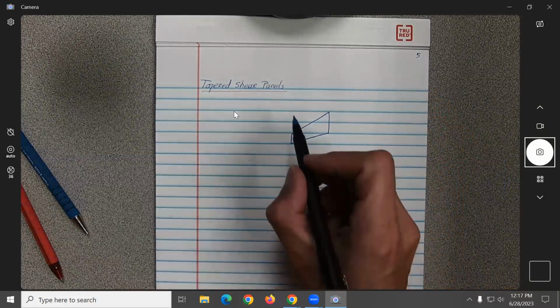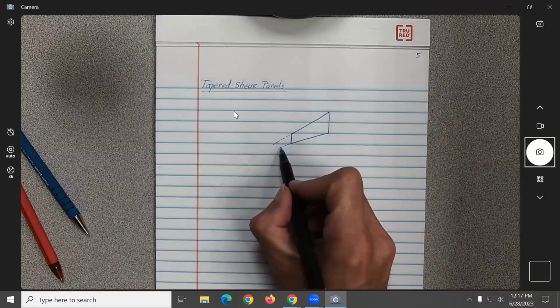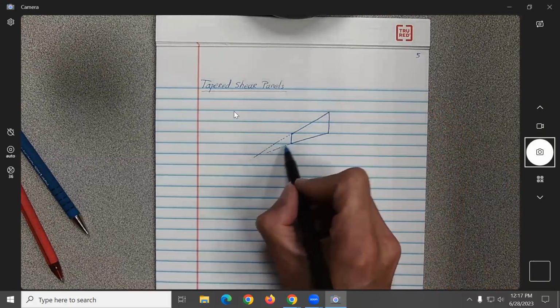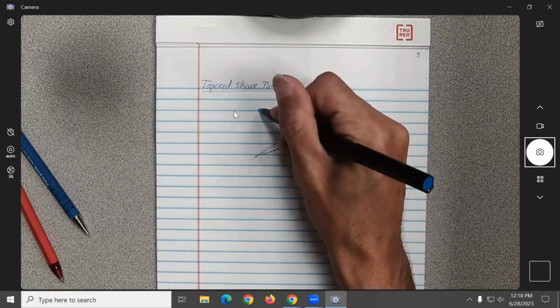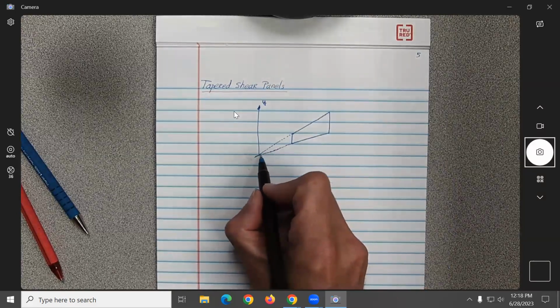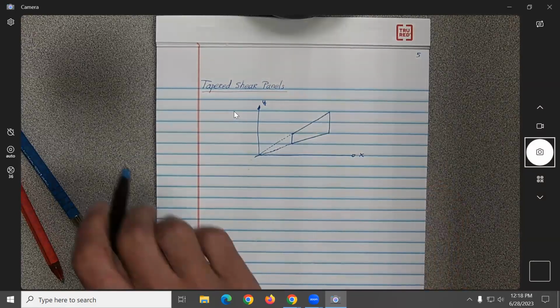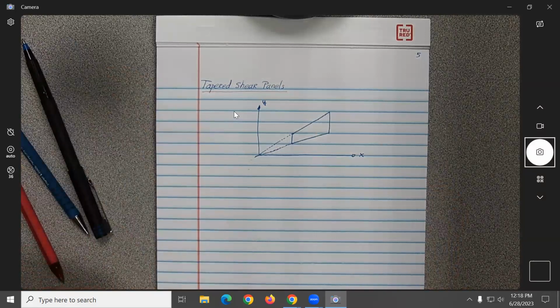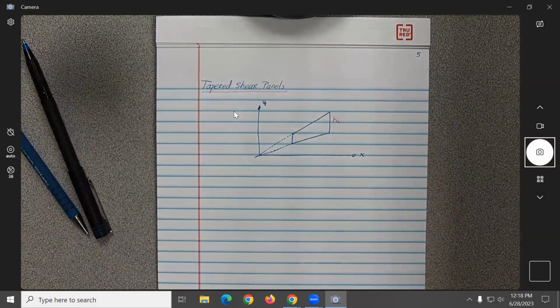Oh, this is going to be difficult. Okay, so let's say they cut over here. This will be Y, to the X. Let's call this one H sub L, L is for long.